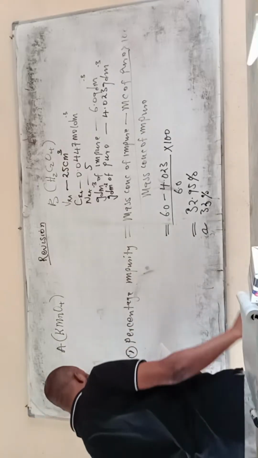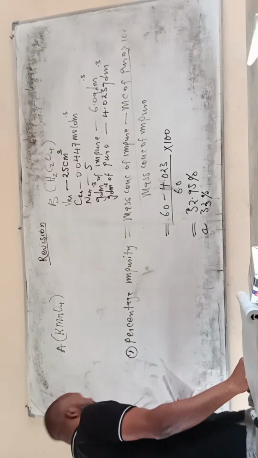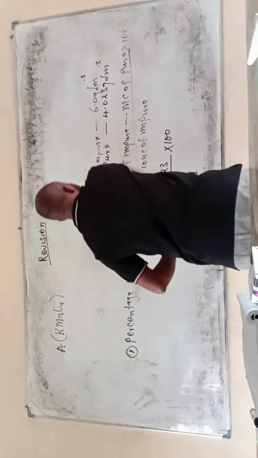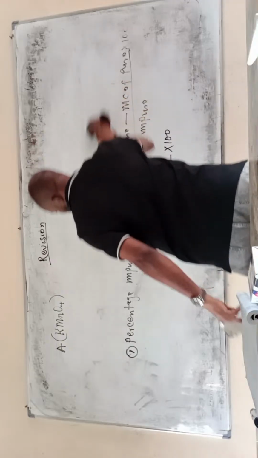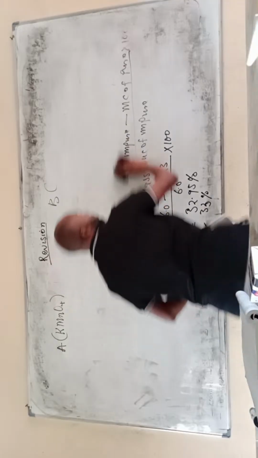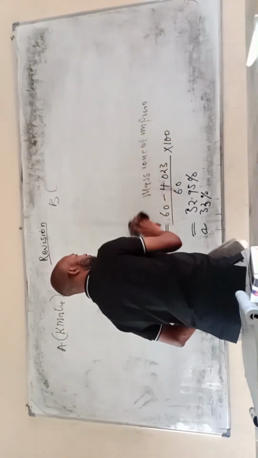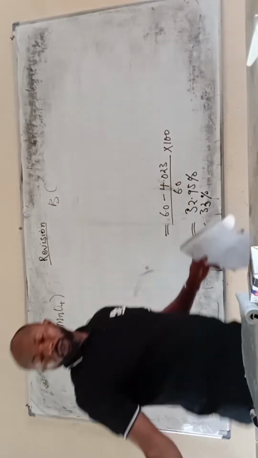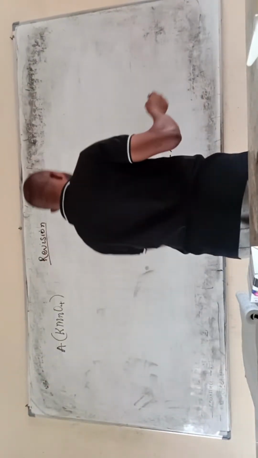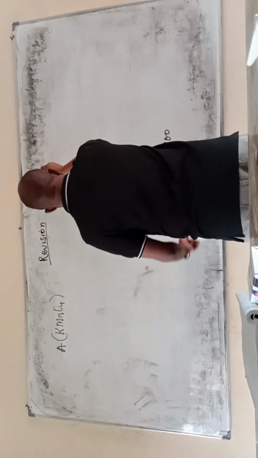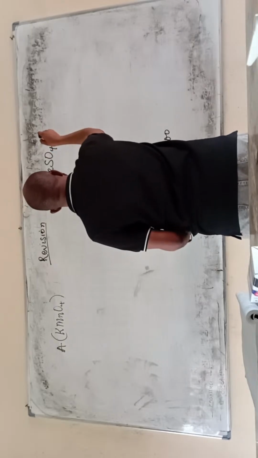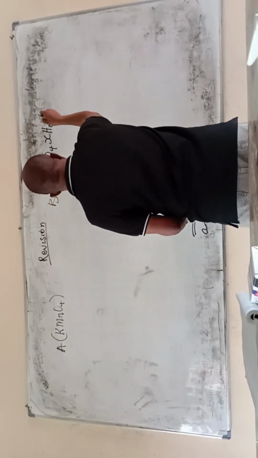I think A is still KMnO4 and B is something else. Okay, B is iron(II) SO4 X hydrate.